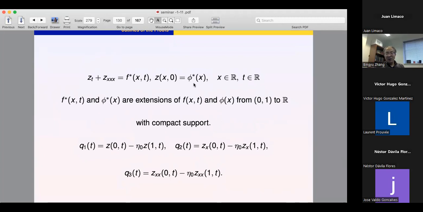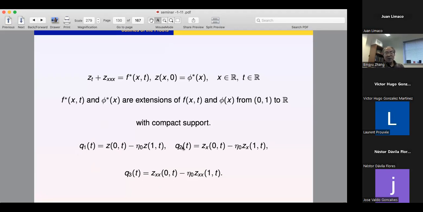This is a Cauchy problem. We can solve it, right? You can use the Fourier transform to find its solution. With the solution, you can find the traces: z(0,t) minus z(1,t), which I call q1(t); z_x(0,t) minus z_x(1,t), which I call q2(t); and this one we call q3(t).